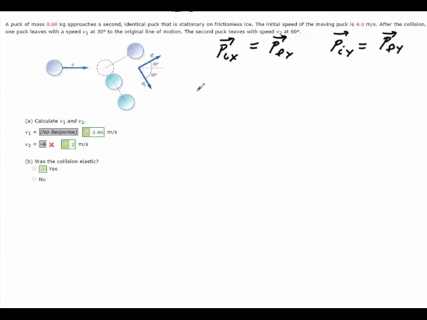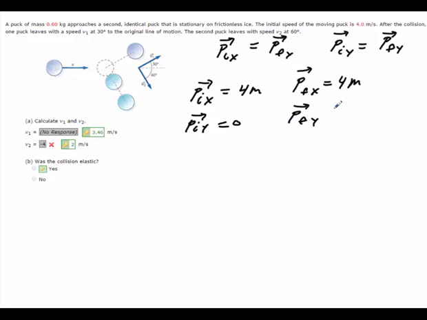So can we not say that P initial in the x must be equal to mass times velocity, which will give me 4m. So I know immediately that the final momentum in the x must also be equal to 4m. Here again, there's nothing moving in the y, so momentum initial in the y must equal 0. So final momentum in the y must also equal 0.